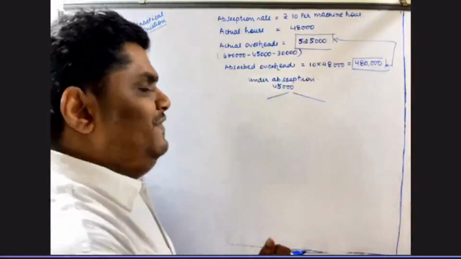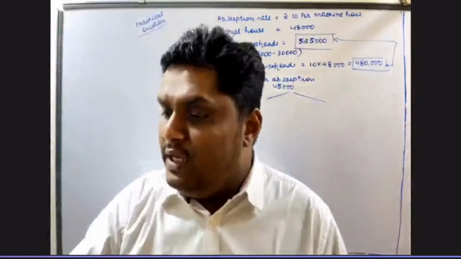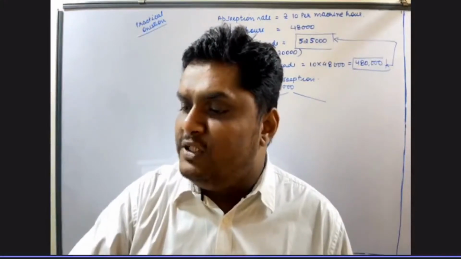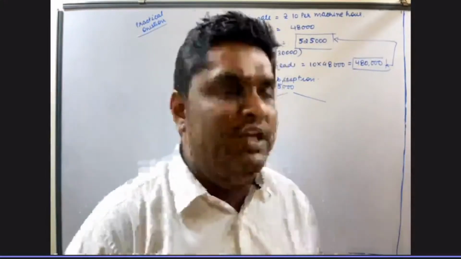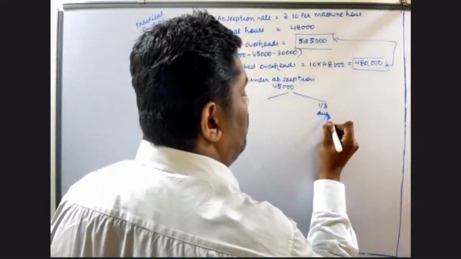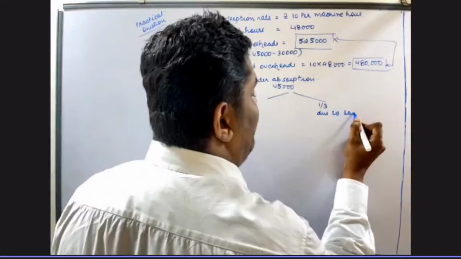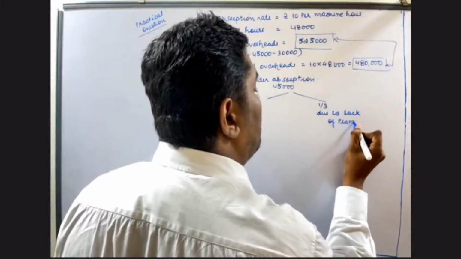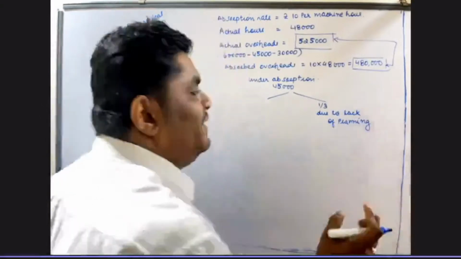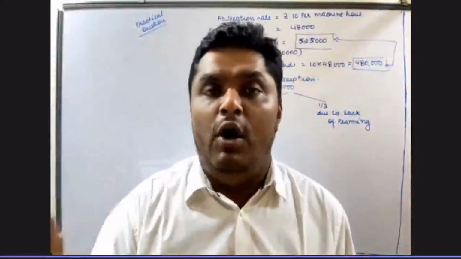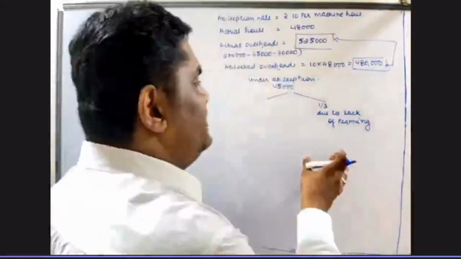Of this 45,000, it is given in the question that 1/3 of the under absorption of production overhead was due to lack of production planning. So 1/3 due to lack of planning. If it is due to lack of proper planning, wrong estimation, abnormal reasons, then it is to be transferred to costing P&L.